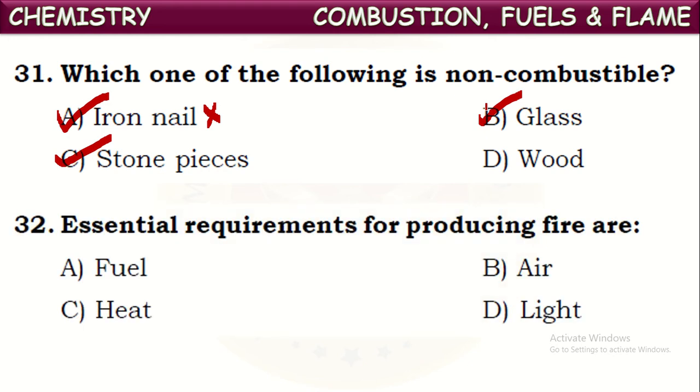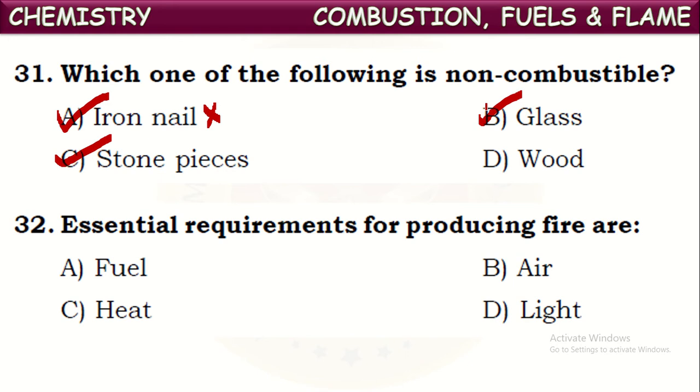Right? Next one. Essential requirements for the production of fire. So what are the essential requirements for the burning of a fuel or any combustible material? There are mainly three essential requirements for burning of any fuel or any combustible material.